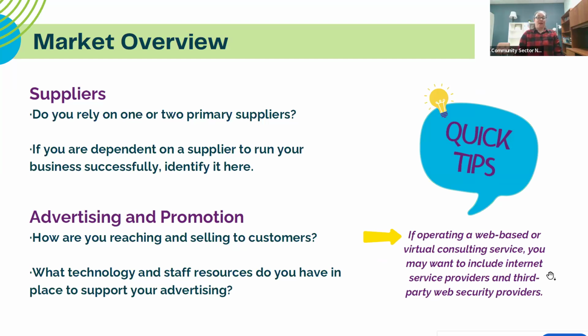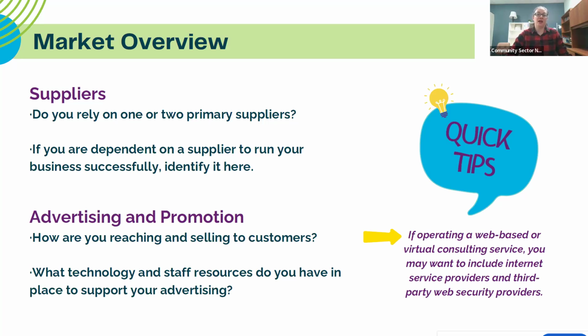And also, when looking at the market, we tend to be focused on our customers, but we also have to remember to consider our suppliers. So you have to think about whether or not your inputs are coming from one or two primary suppliers, and what would happen if that supply chain was jeopardized for some reason.